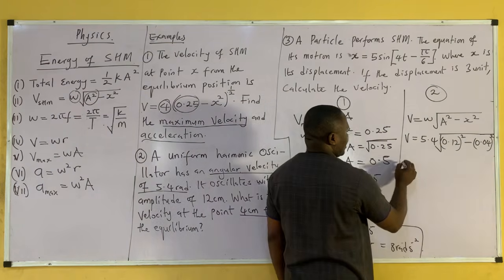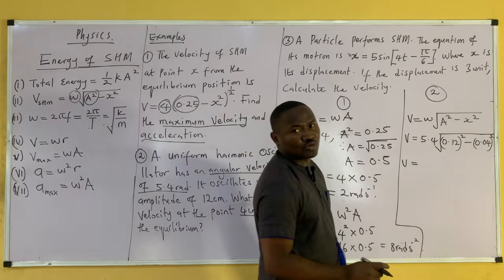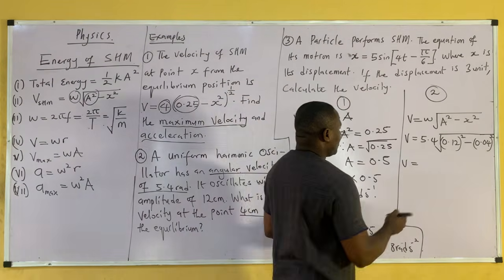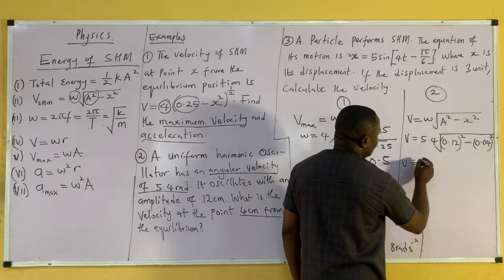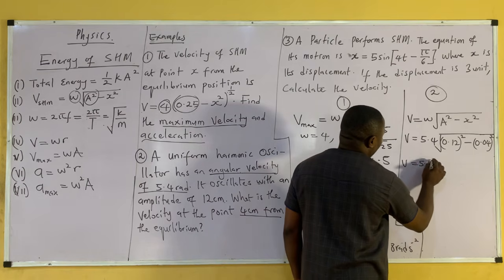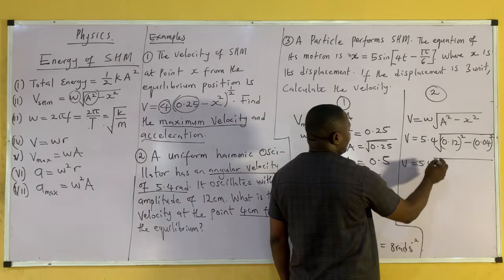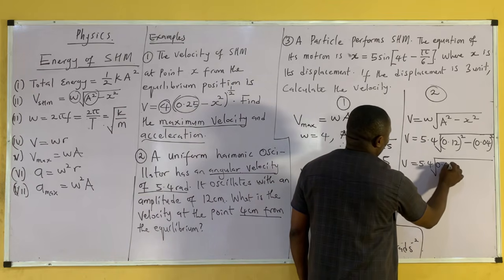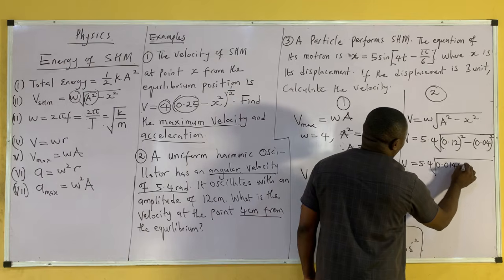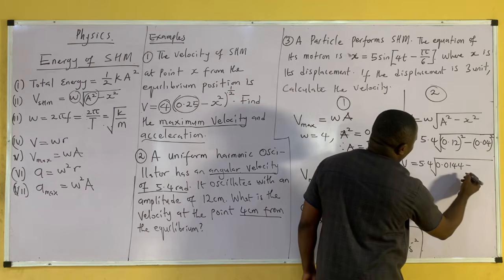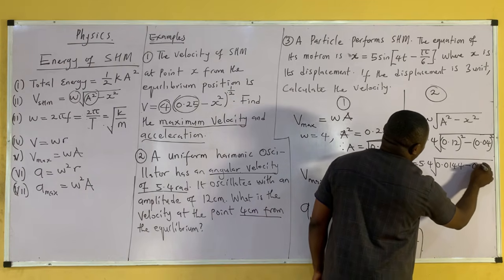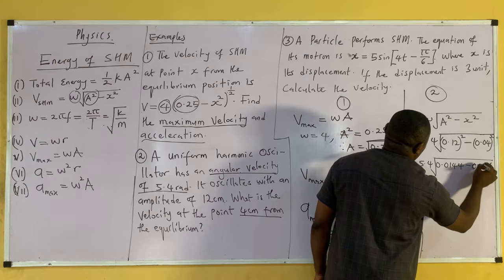So V equals 5.4 open bracket, the square of this will be 0.0144 minus the square of this will be 0.0016.